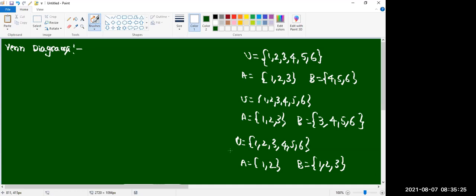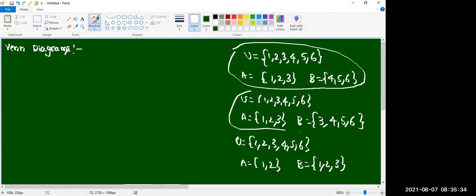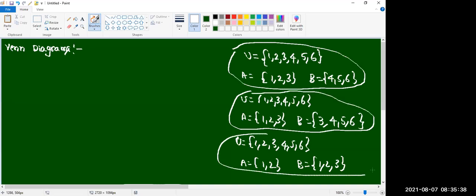Here 3 conditions are there: the first, the second and the third. For these 3 conditions I am writing the Venn diagrams. After that I will explain what is meant by Venn diagram.